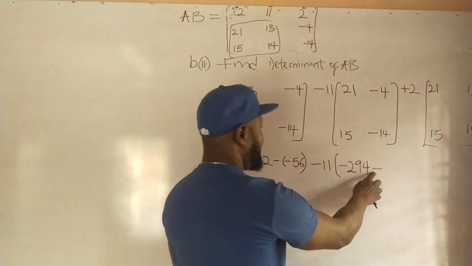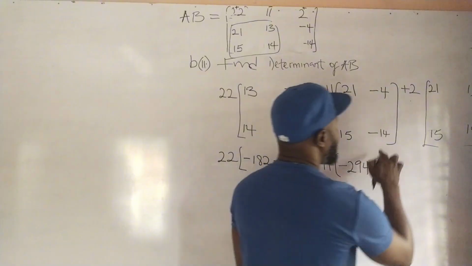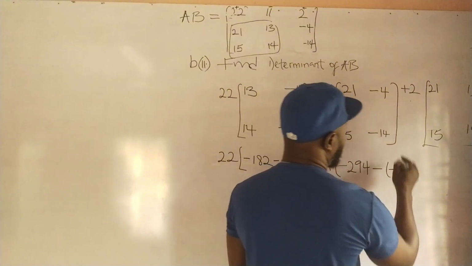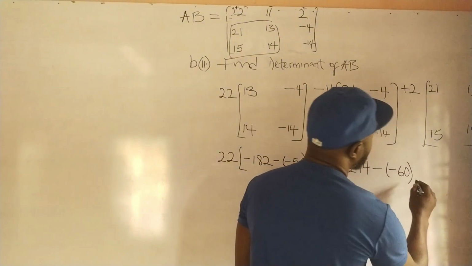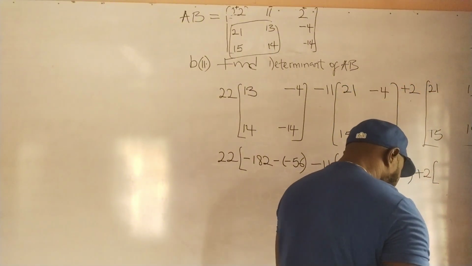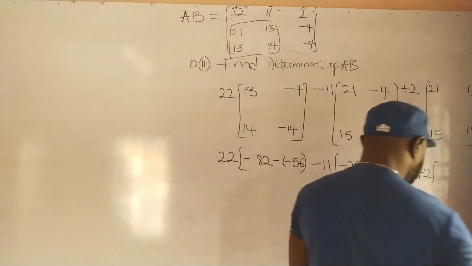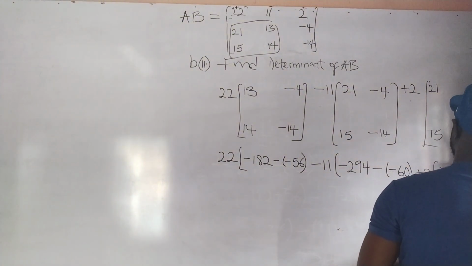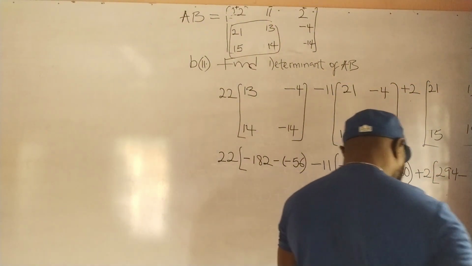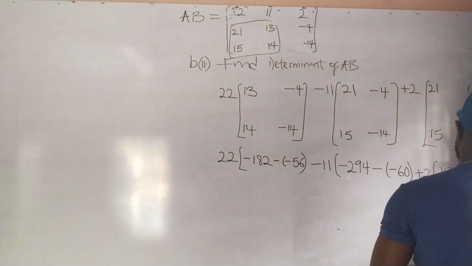Minus. This particular minus is that one is constant. So 15 times minus 4. Minus 15 times 4. That should be 60. Plus 2. 14 times 21, 294 minus 15 times 13. That's 195.